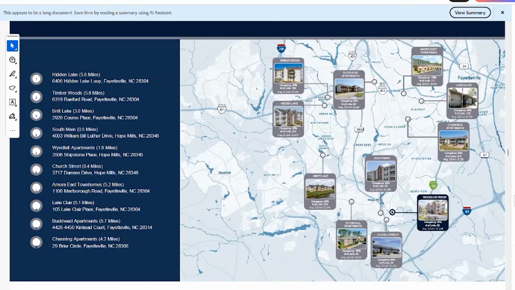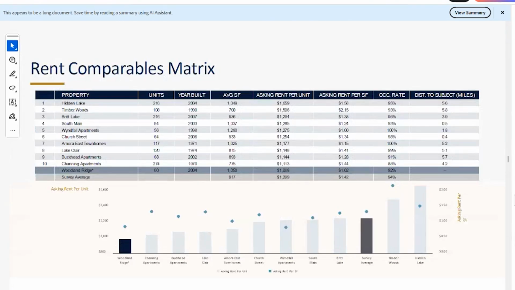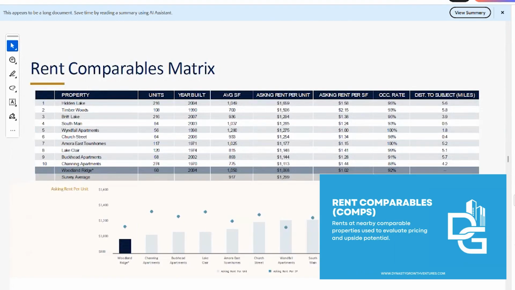Okay, so back to this. Understanding if Woodland Ridge is a good investment compared to the surrounding areas. First of all, some of them are pretty far. We are closer to 95, which could be a plus. Also, our rents compared to these other folks are towards the bottom, but sometimes it's not always apples to apples.